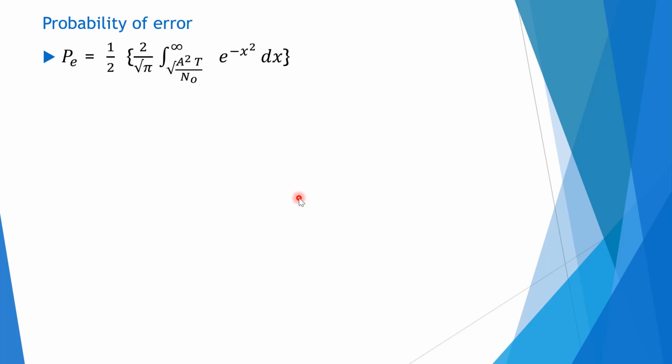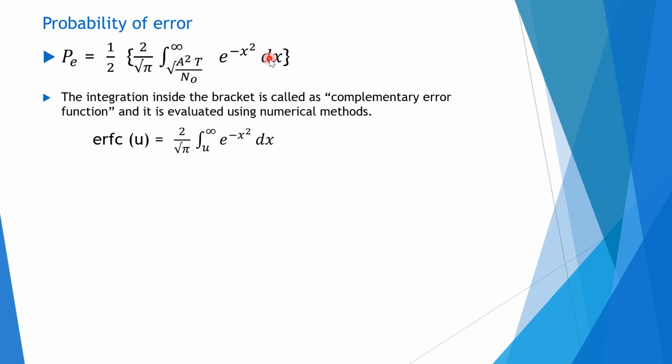Now the probability of error we can find out here. P is equal to 1 by 2 times 2 by under root of pi integration, that is from under root of A square T divided by N0 to infinity of e raised to minus x square dx. The integration inside the bracket is called the complementary error function, as we have seen, that is ERFC.